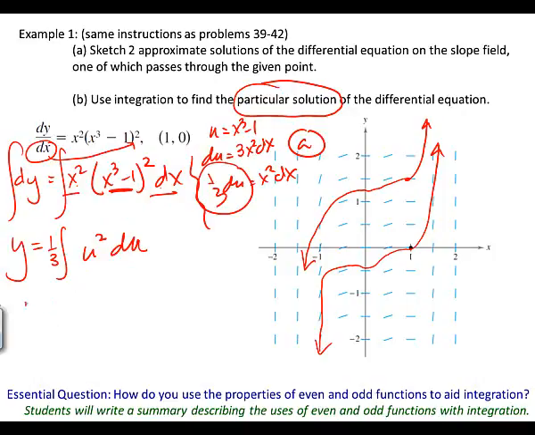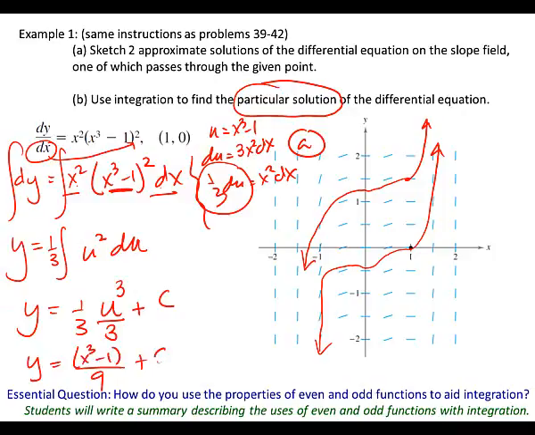When I integrate u squared, what do we get? u cubed over 3 plus c. I'm going to put my u in, and at the same time I'm going to multiply my 3s together. My u is x cubed minus 1, so y equals (x cubed minus 1) cubed over 9 plus c.